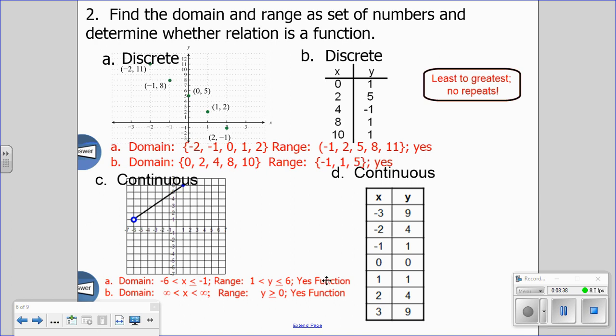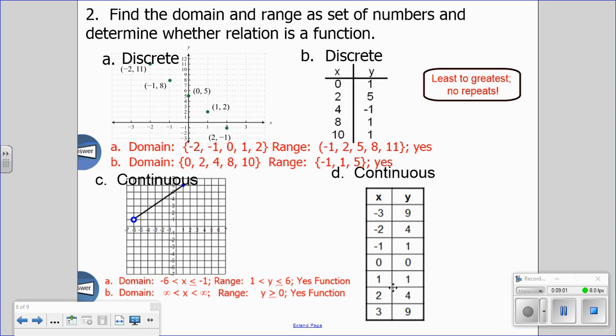And so we know that all of the values between -6 and +1 are included. And then our range, again, for range, we're going from bottom to top. Our range starts at 1 and it ends at 6. And again, the y is going to be in the middle here. And yes, this is a function because this would pass our vertical line test.